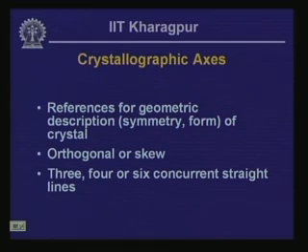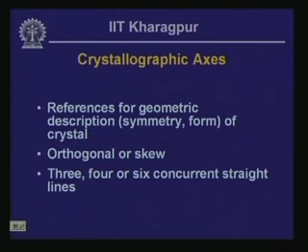Now, crystallographic axis, what is meant by that? I explained this term in the previous slide. What a crystallographic axis is, in essence, is a reference to describe the geometry of a particular crystal. More often than not, these reference axes are the axes of symmetry.